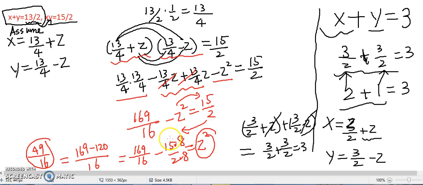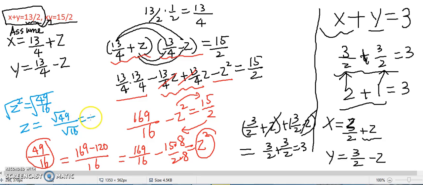And what is z? What you need to do is take the square root of both sides. From algebra class, you will get z equals square root of 49 over square root of 16, which is 7 over 4.